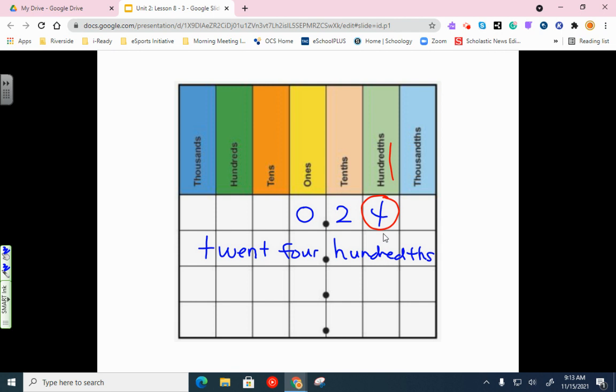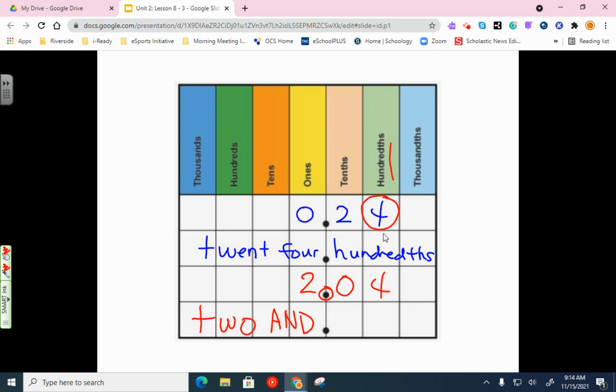But for one like this, which I'll do in a different color, 2.04. Same digits, a 2 and a 4 and a 0, but we switched them around. But we're going to say this completely differently. The way you do this is you start with your whole number, which is 2, and then we have a decimal point right here, which we know is the word and.